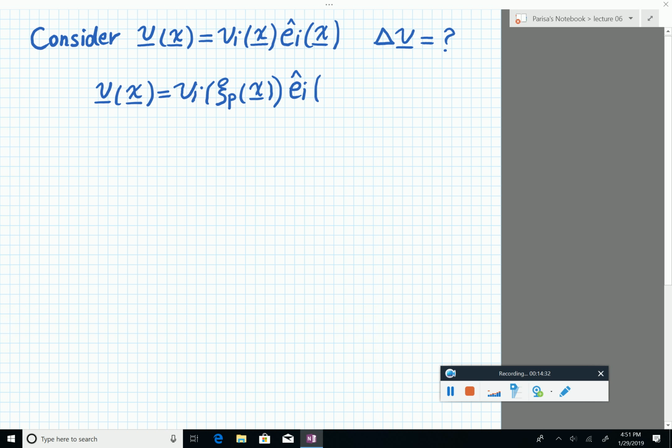Yes. What do you mean? Oh, this is just v i. These are just the components of this vector valued function. Oh, yes. Yes, thank you. This was, of course, intentional, as always.